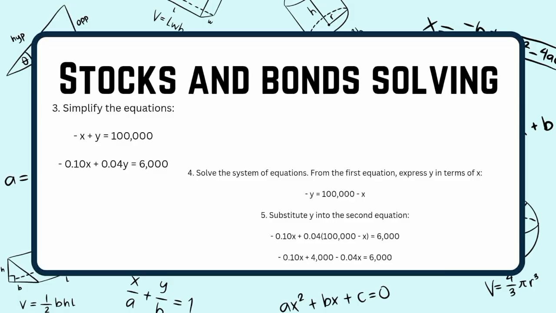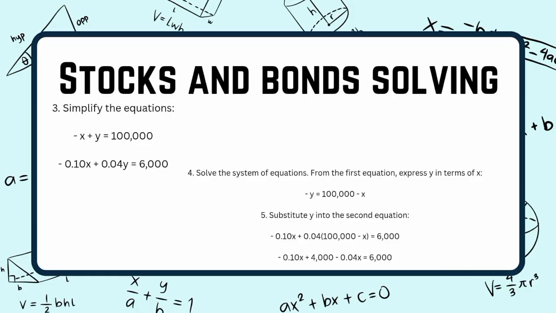Proceed to step 2: set up the equations. x plus y is equal to 100,000, and 0.10x plus 0.04y is equal to 6,000. Next, solve the system of equations from the first equation and express y in terms of x. So, y is equal to 100,000 minus x.